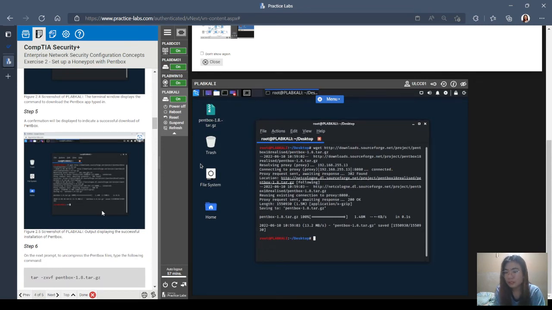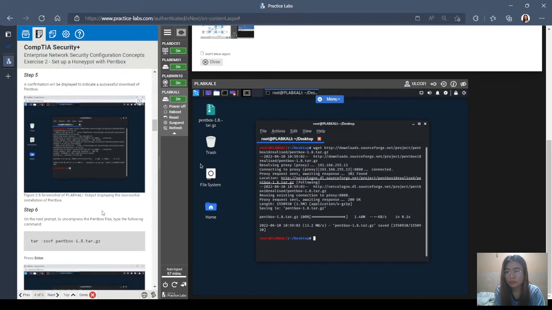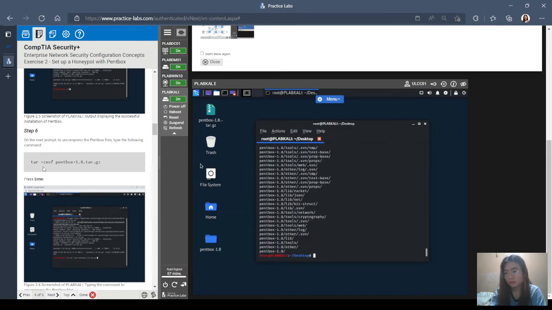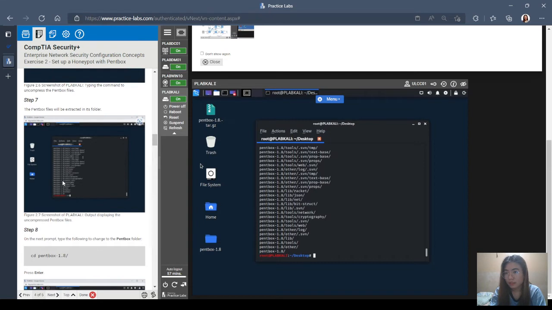A confirmation will be displayed to indicate a successful download of PentBox. The PentBox file will be extracted in its folder.